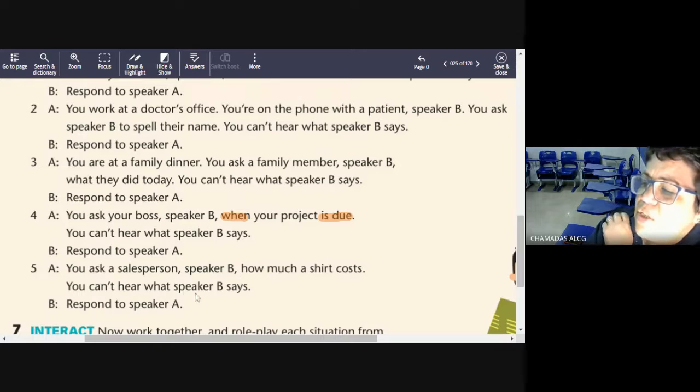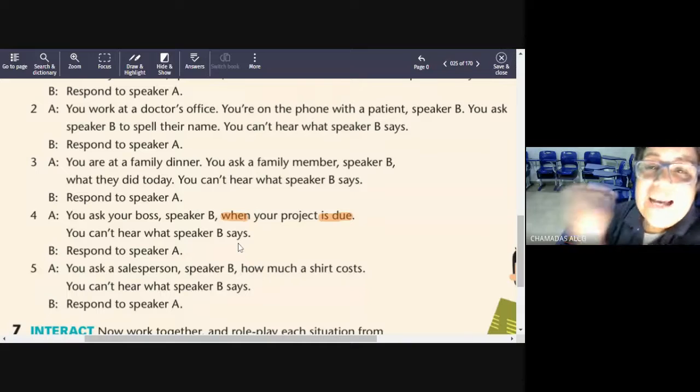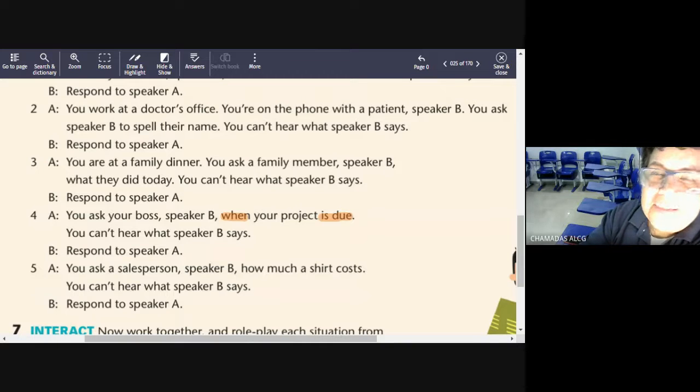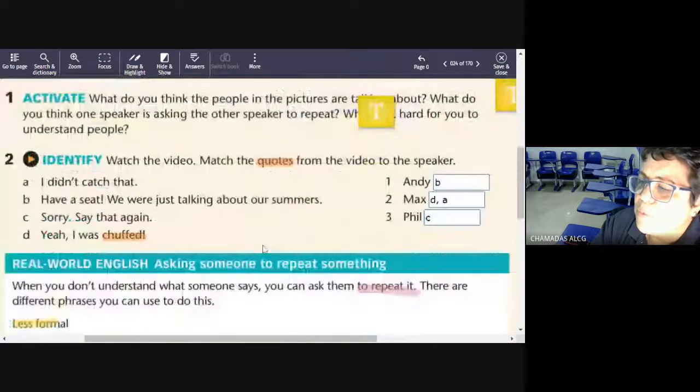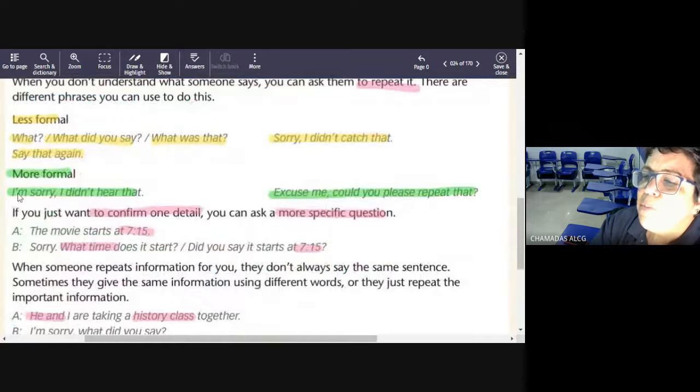Okay? So, you ask your boss and you can't hear what he says, right? So here it should be you asking your boss to repeat, okay? So how do you do that? If you want, you can go back to the box and see some examples. Look, more formal.